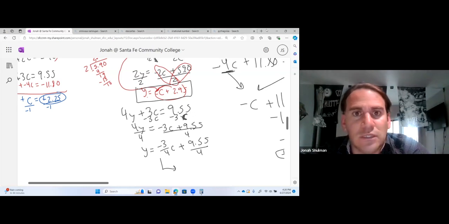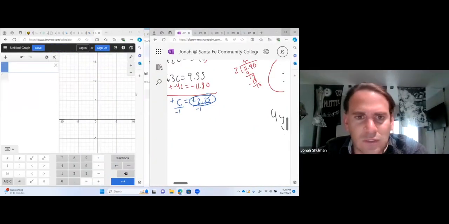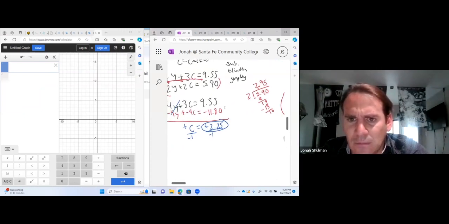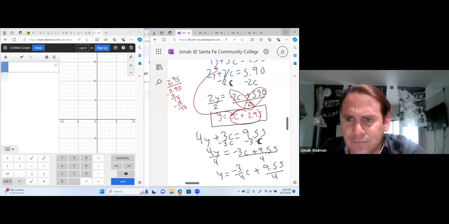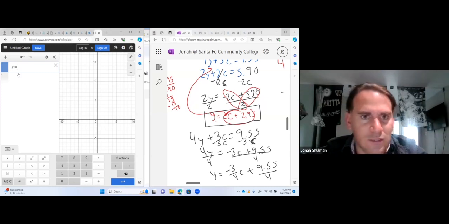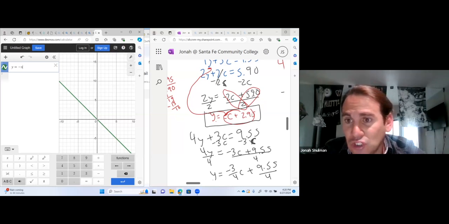So here's the last one. We have our two equations. We just have to draw them and see where they meet. This is your first equation right here. Now this means the 2.95. So y equals, we have a negative x. See, that's the slope x. And this is your b, just where it crosses.